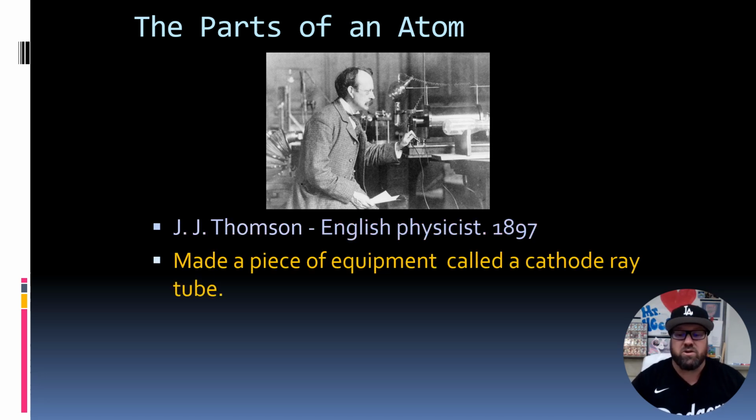Now, a cathode ray tube, I'll show you a diagram of this on an upcoming slide, is basically a tube of glass. Think about a modern light bulb, like the long light bulbs. And in the late 1800s, we had a very important piece of technology created through the Industrial Revolution. We had the vacuum pump.